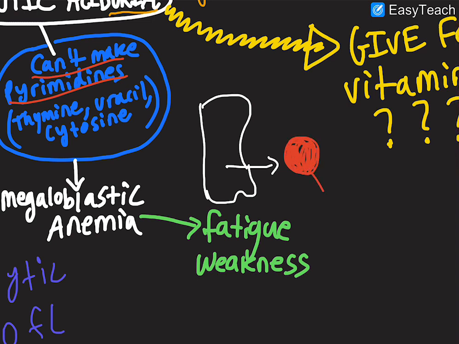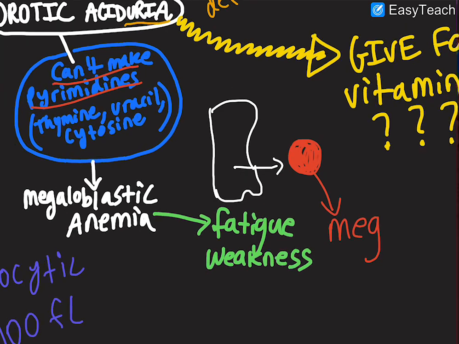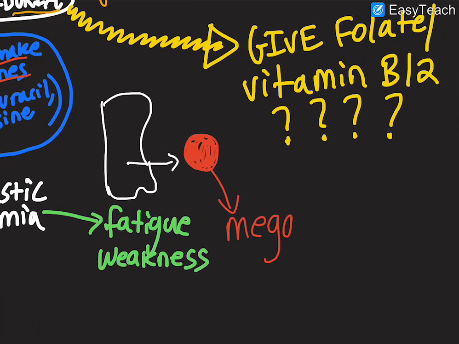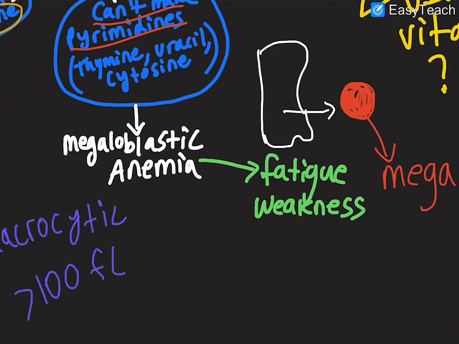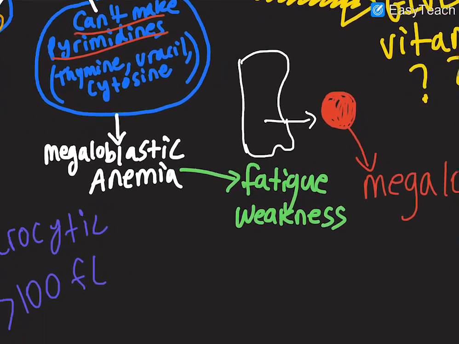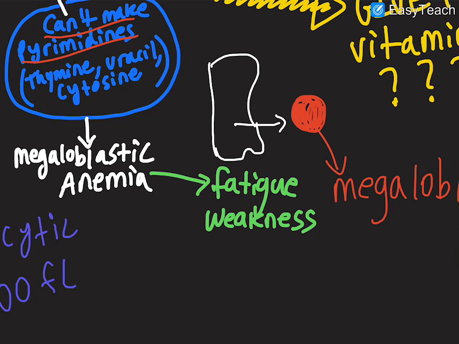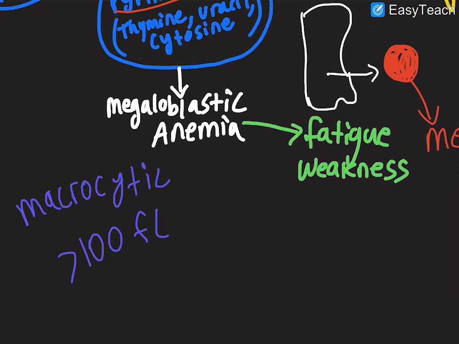So these are called megaloblasts. They're just huge immature precursor red blood cells in your bone marrow. And so in megaloblastic anemia you're going to have megaloblasts, and you're also going to have big red blood cells greater than 100 femtoliters in your bloodstream, right?